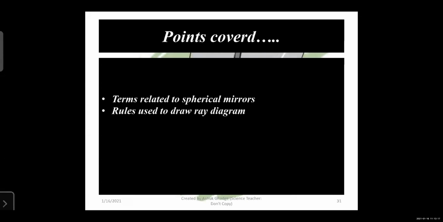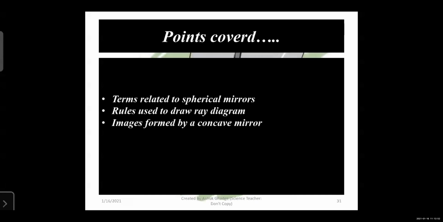In the second rule, if the incident ray passes through the focus, then the reflected ray passes parallel to the principal axis. In the third rule, if the incident ray passes through the center of curvature, then the reflected ray traces the same path, that is, it takes the path of the incident ray.